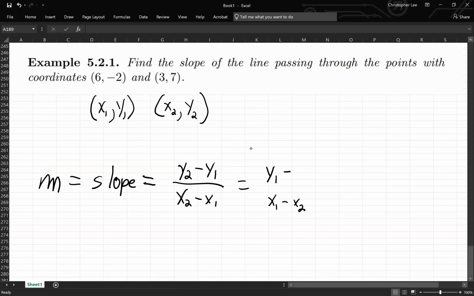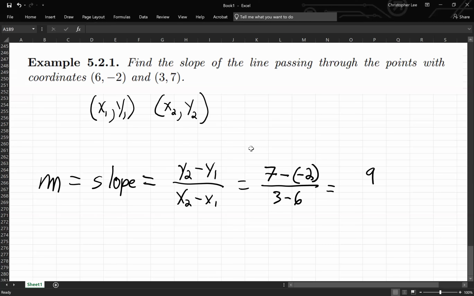So let's do the first one, just because that's what the textbook gave us. y2 I said over here was 7 minus the -2, which is the y1, over the 3 minus 6. A little bit of math. What's 7 minus -2? 9. Very good.